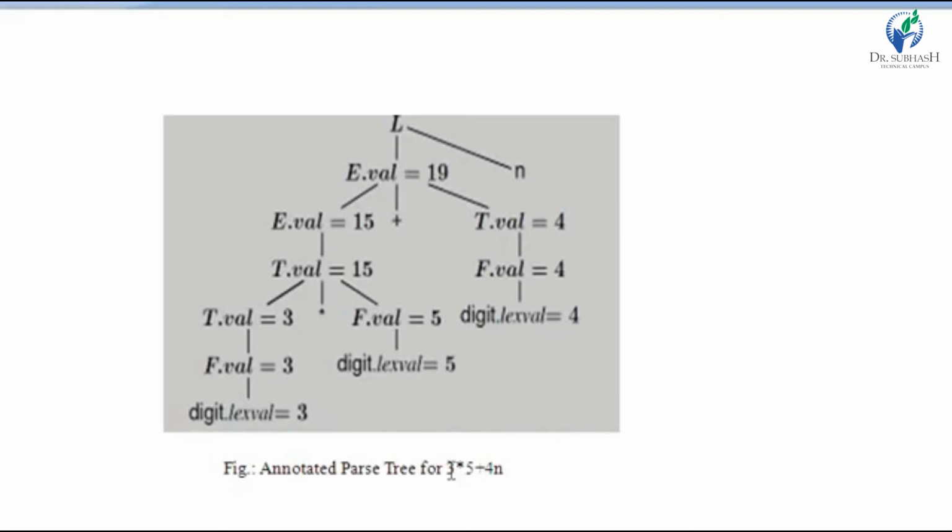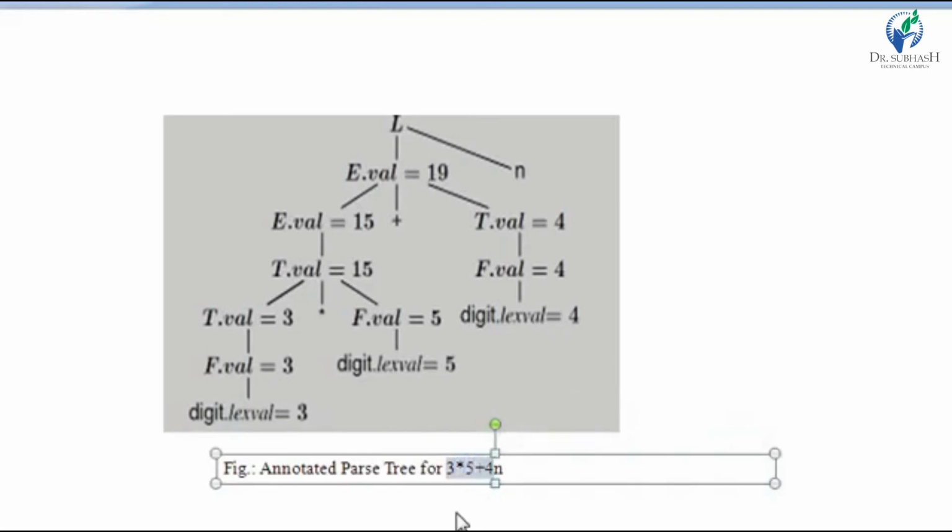For this syntax tree, 3 into 5 plus 4, with multiplication and addition, the priority of multiplication is higher than addition. So first perform 3 into 5, which is 15, plus 4, which is 19. So your final answer is 19, which is stored in L.value.